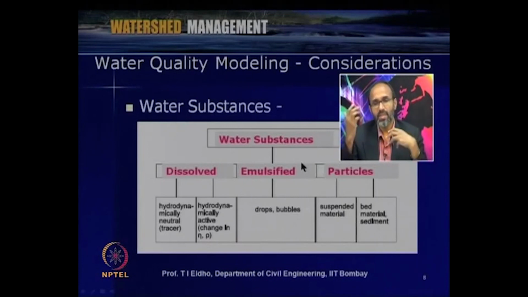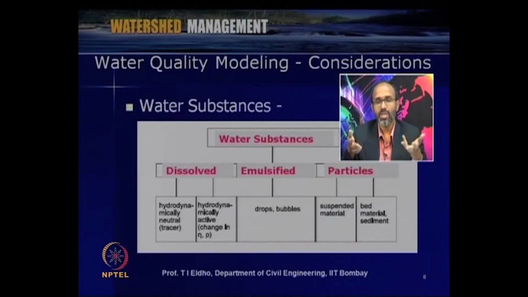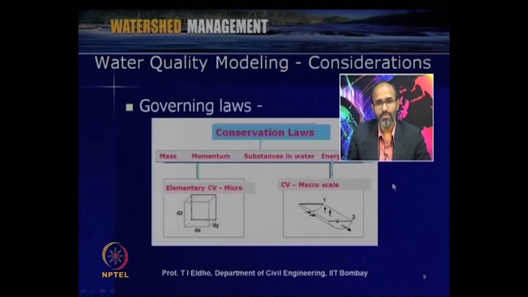Sometimes they will be suspended, or they can get settled with respect to the various environmental conditions or the velocity of the flow. So when we look into the water substances, we can divide them into dissolved, emulsified or particles.